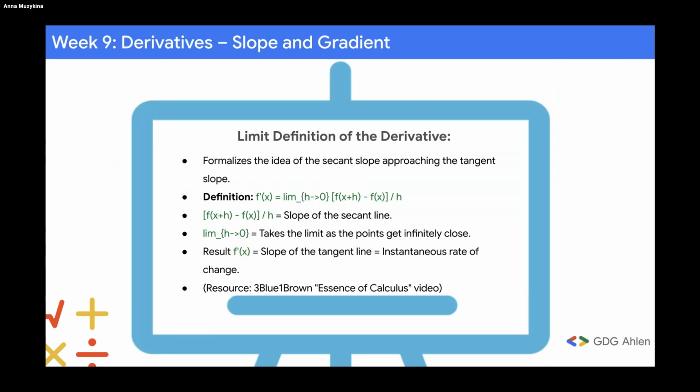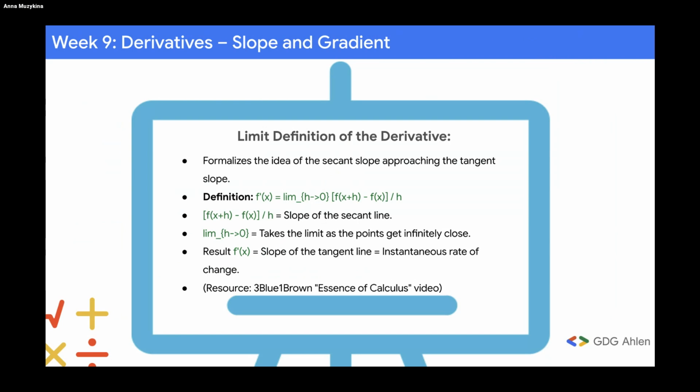The connection between the shrinking second line and the tangent line slope is formalized by the limit definition of the derivative. This definition shown on the slide is fundamental.